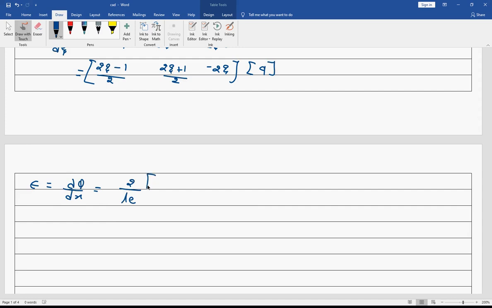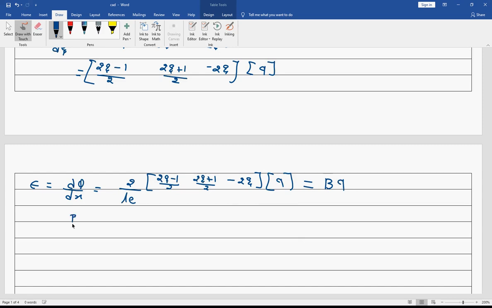into 2 xi minus 1 by 2, and I will be having 2 xi plus 1 by 2 and minus 2 xi, and that will be into my Q matrix, that is Q1, Q2, Q3. Now this symbolically represents B into Q matrix, if you remember.